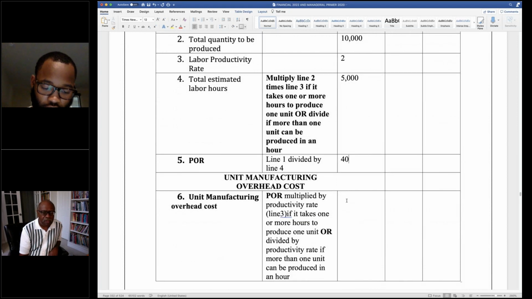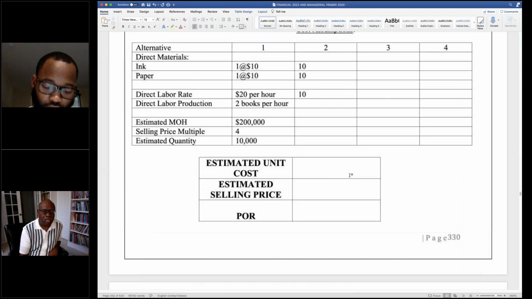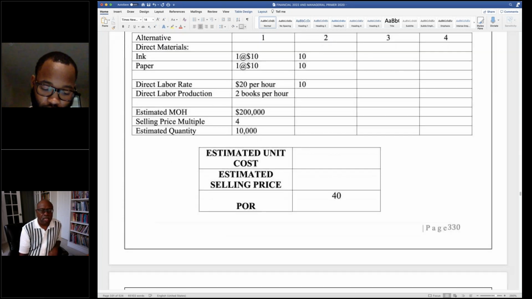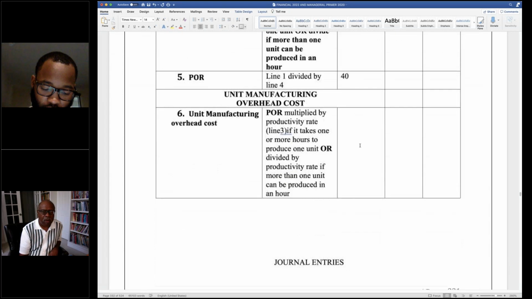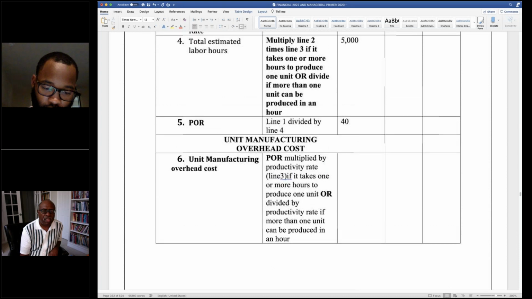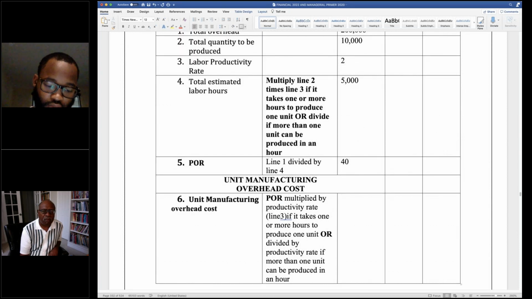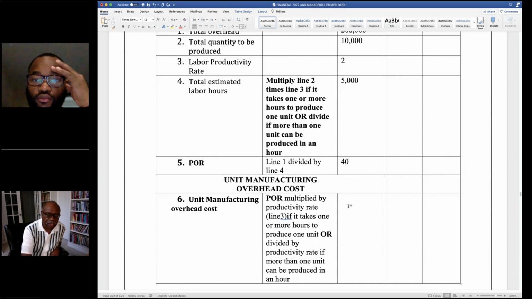Now we want the unit manufacturing overhead costs. So the POR, we're gonna put that here. Then for the unit manufacturing overhead costs, what are we gonna do? Divide the POR by the productivity rate, so this is gonna be 20.